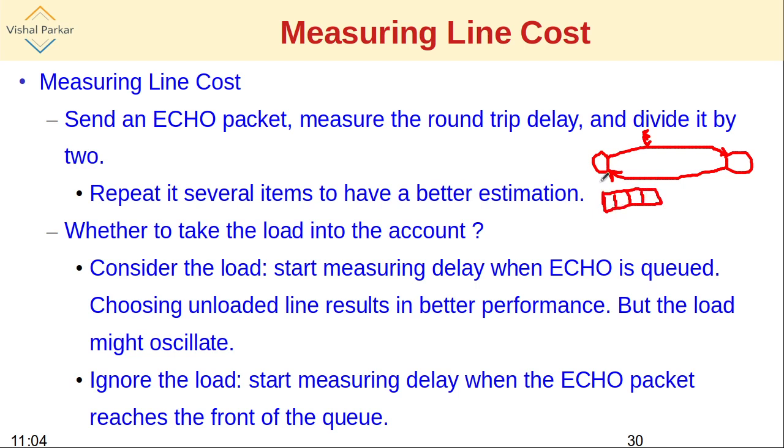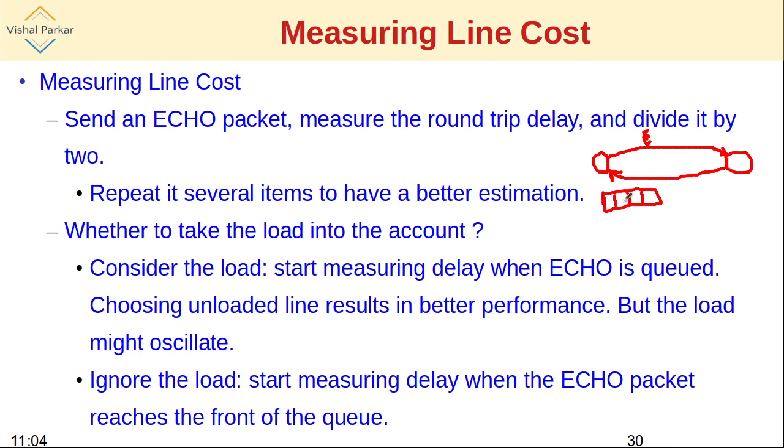When a packet is ready, that will be shifted into the queue, and that packet will be going outward. So when the packet reaches the head of the queue here, and this is what is called the end of the queue, after it reaches the end of the queue, then it will be transmitted.